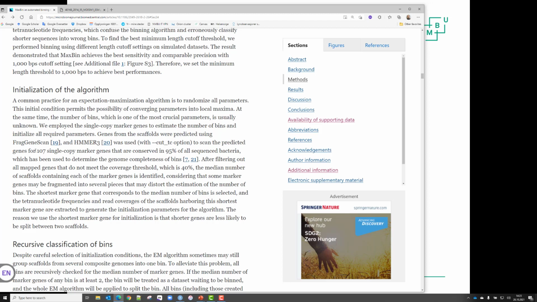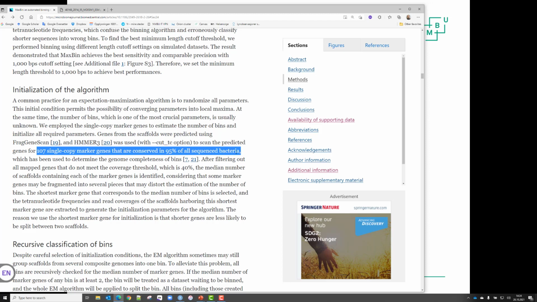Remember that there are these 107 single copy marker genes. And these are the important ones here, because the authors here claim that these 107 genes are typically single copy genes in 95% of all sequenced bacteria.